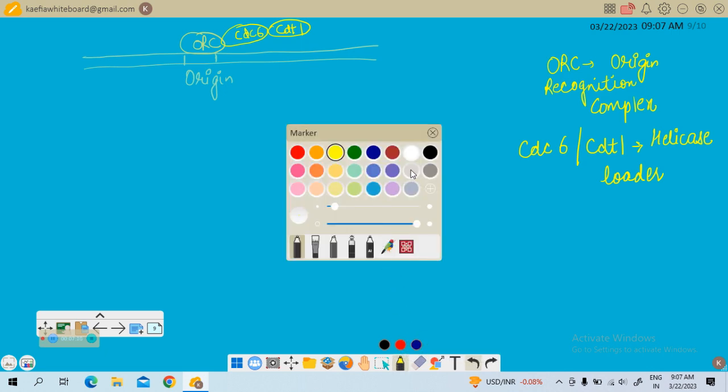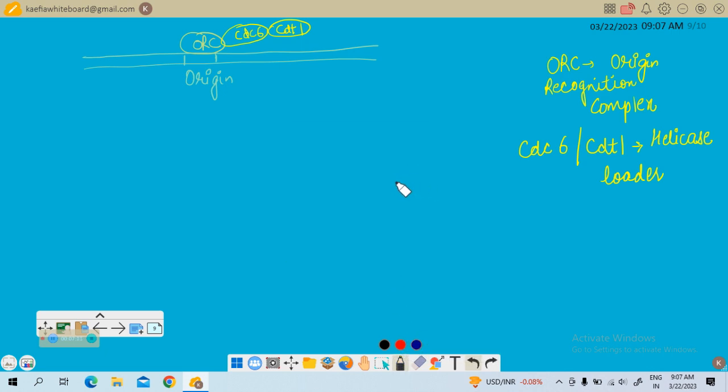So now once helicase loaders are recruited, we have another protein, that is the MCM2-7 complex. This is helicase only. In eukaryotes we usually call it MCM. So in eukaryotes the name MCM is given instead of helicase.